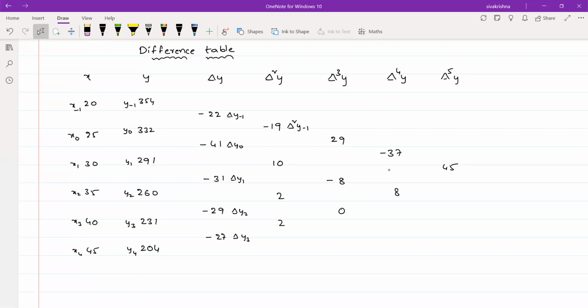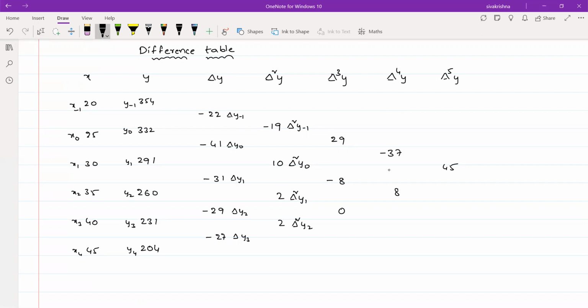The second differences can be treated as this is delta square y suffix minus 1. Since the first value in y is y suffix minus 1, the first value in the second difference should be delta square y suffix minus 1. The next ones are delta square y0, delta square y1 and delta square y2.